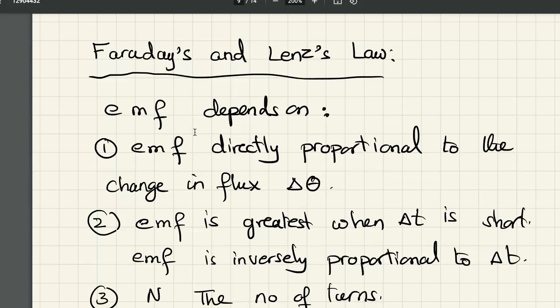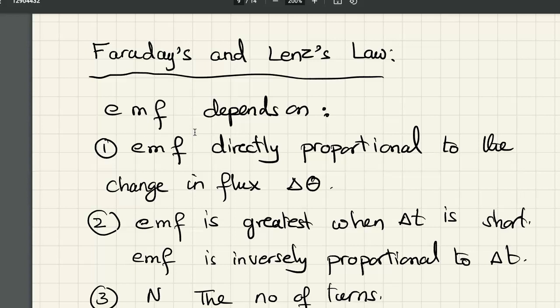The flux can be changed based on the current in the primary coil, or by changing the area of the coil, or the angle. All of these are really changing the flux.